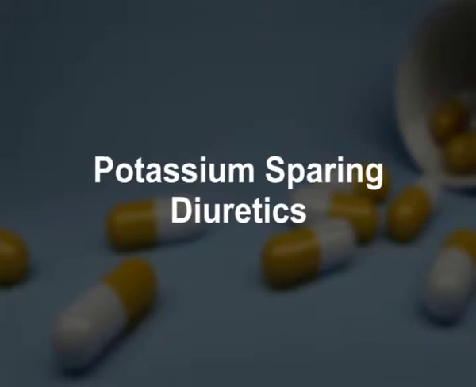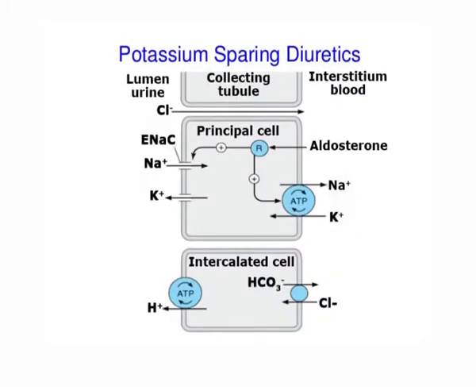Potassium sparing diuretics, aldosterone antagonist and renal epithelial sodium ion channel inhibitors indirectly conserve potassium ion while inducing mild natriuresis and are called potassium sparing diuretics. First, when given together with potassium ion supplements, dangerous hyperkalemia can occur.